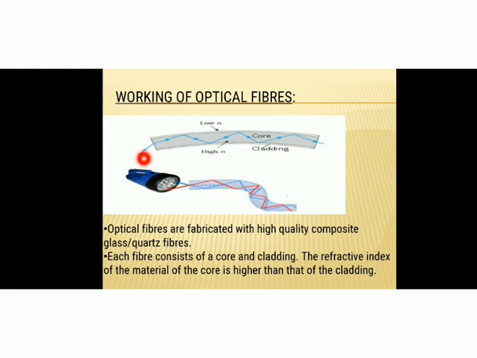So whenever a ray of light enters the optical fiber, this is the point of entrance. The ray enters from air into a medium, so there will be a difference in density.